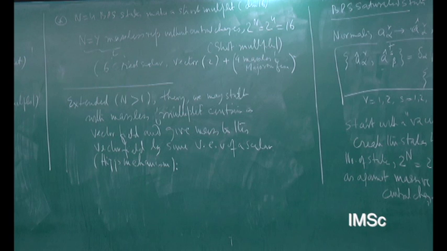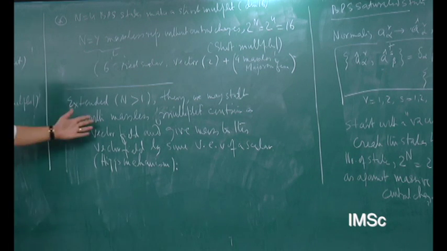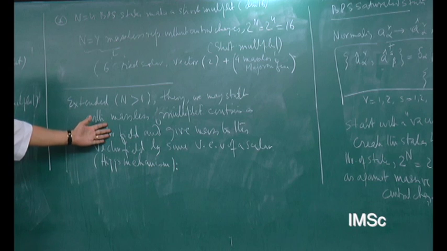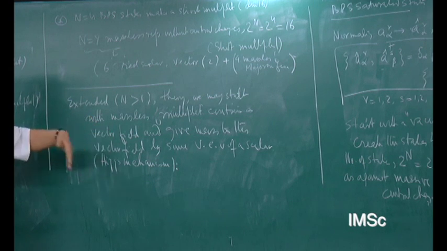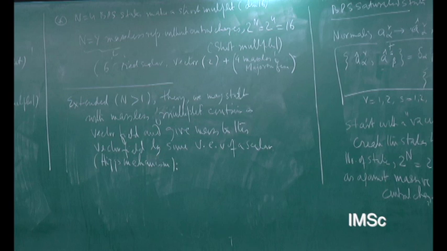Because where would other degrees come from? So therefore, such a massive multiplet cannot be a long multiplet, because we started with a short multiplet. The massless theory was a short multiplet. So it again will have to be a massive short multiplet. Therefore, such masses have to be BPS saturated.